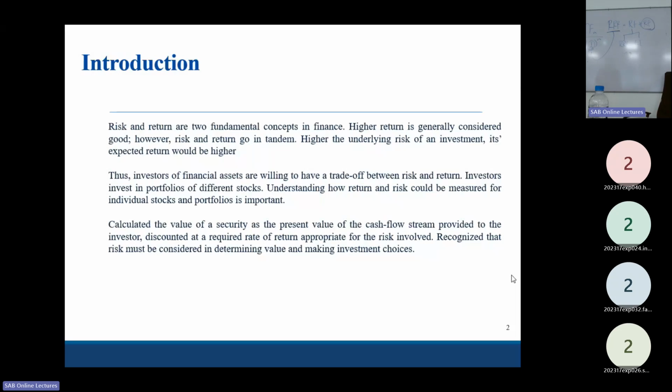In order to avoid that, you may invest in different assets. You invest part of your wealth in treasury bills, part in fixed deposits, part in the stock market, and also in real assets like gold. Likewise, you are constructing a portfolio.